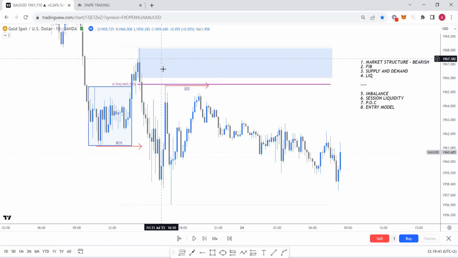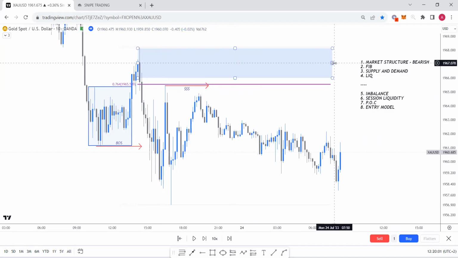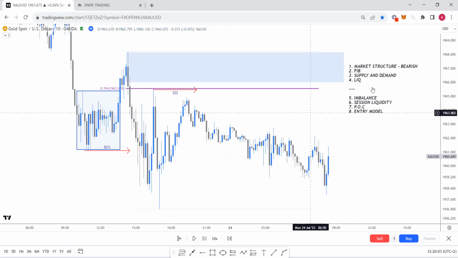This is the premium area we want to look for trades inside of. Then we have our supply and demand zone, which refined into the 10-minute. We had this one right here. And liquidity, we have this high, which we want to see being taken out before we place any entry. So these are the 4 main confluences.